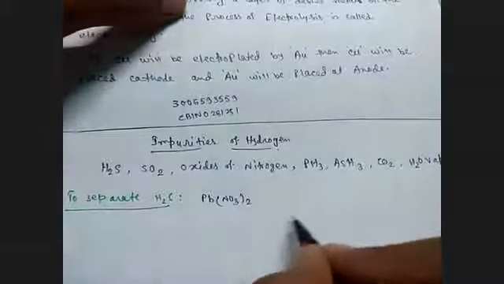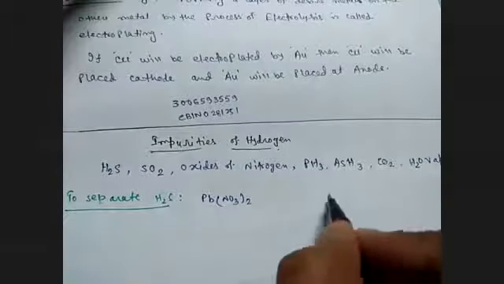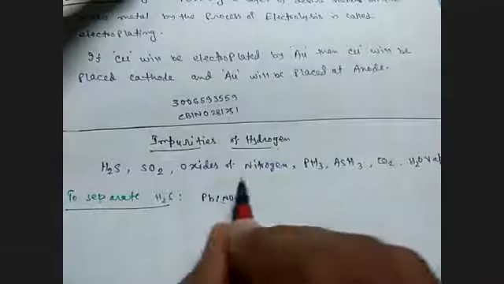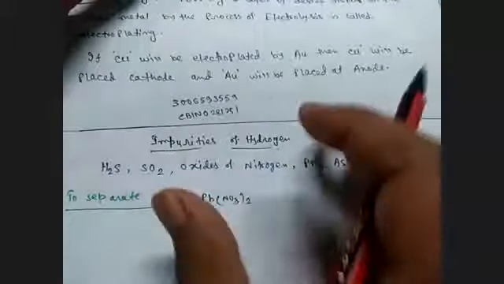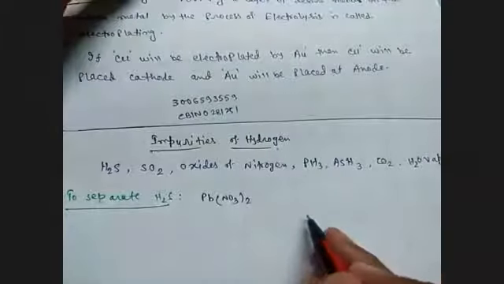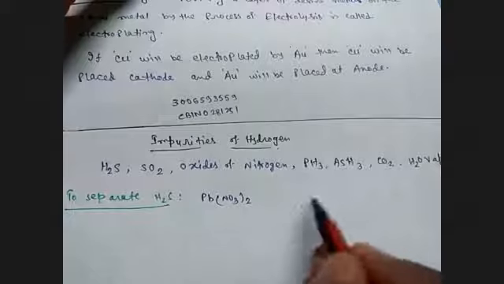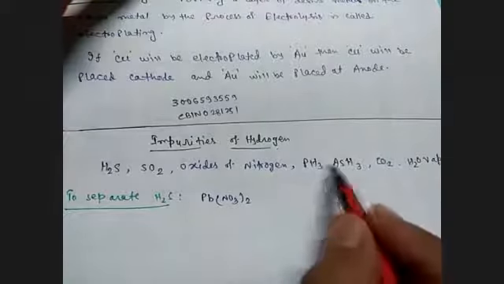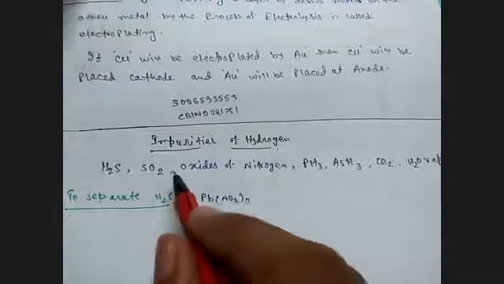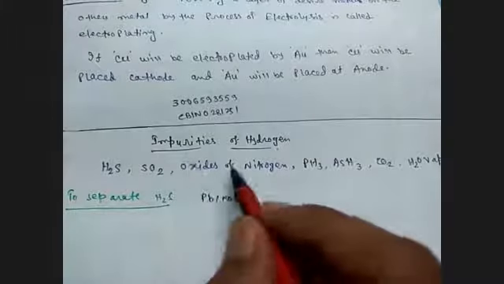Means some chambers are formed. One chamber contains lead nitrate solution. Then hydrogen gas is passed through lead nitrate. All H2S will be absorbed in lead nitrate solution, and then hydrogen will be removed out. Then the removed hydrogen will again be passed through silver nitrate solution. To silver nitrate solution, phosphine and arsine will be separated out. Then it will be passed through the alkali solution to remove SO2, KOH, etc.